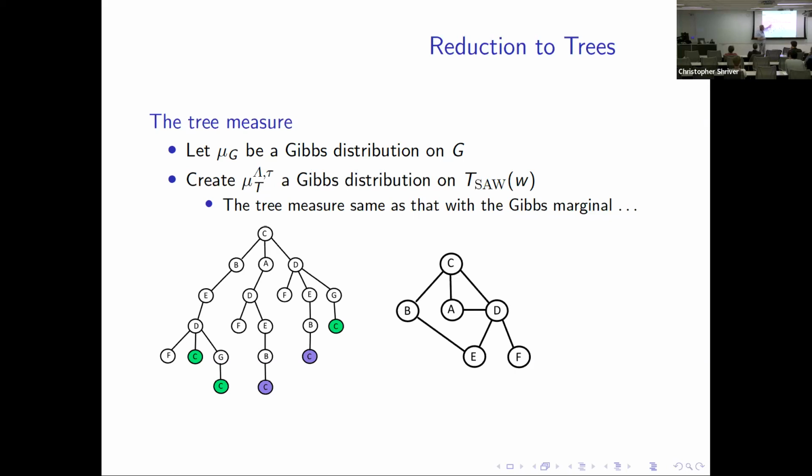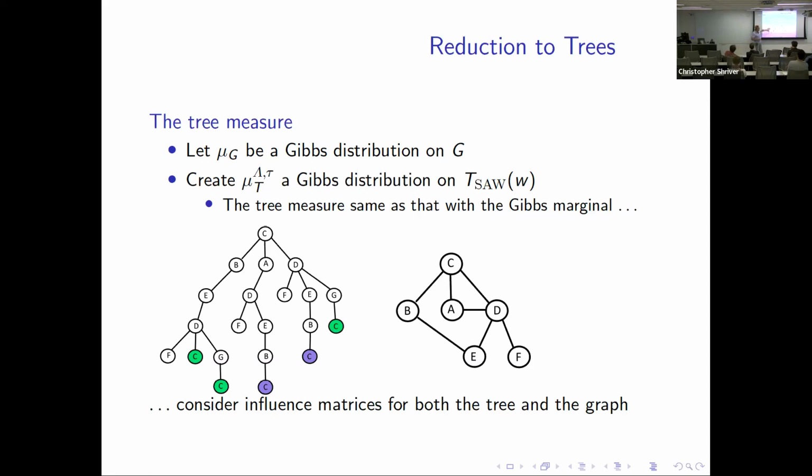And what happens now? The marginal Gibbs distribution of the graph G at C is the same as the marginal distribution of the measure on the tree at the root C. We had this very beautiful connection from Weitz.